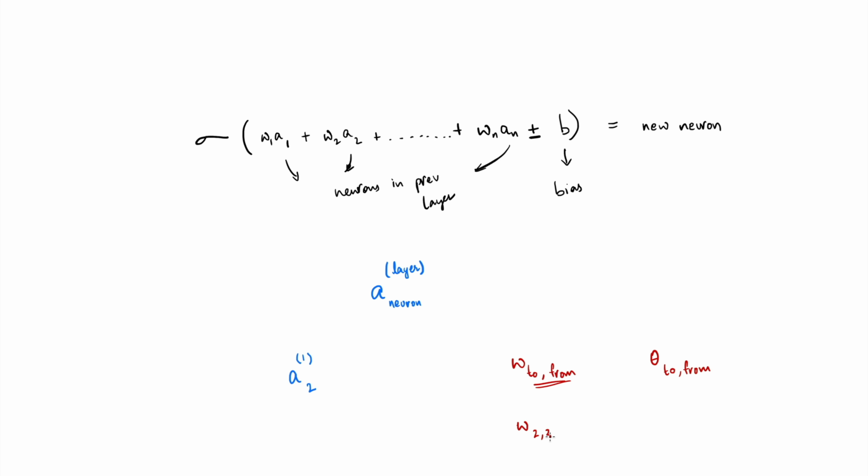That will be W2, 3, and the layer will be 2. This would be the third layer, and this would be the third neuron, and this would be the fourth neuron. From the fourth neuron to the third neuron, this is the weightage given to the input from the fourth neuron to the third neuron.